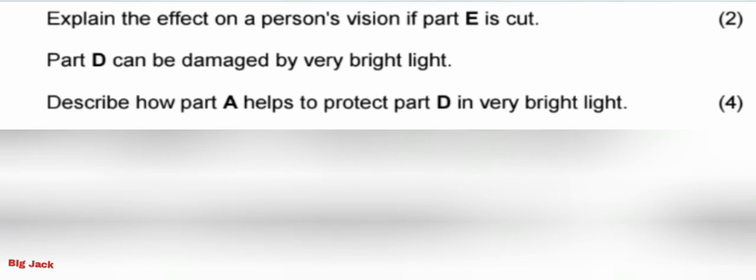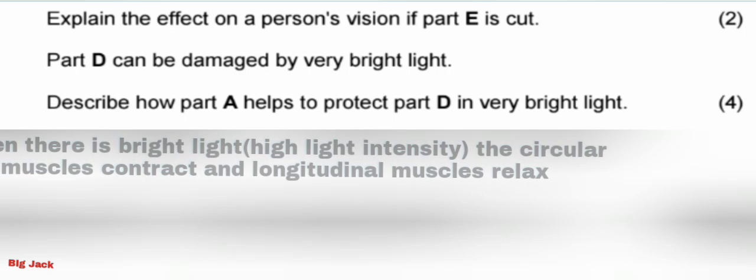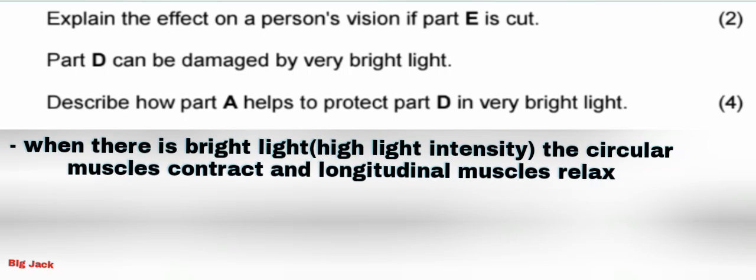So to prevent part D from being damaged when there is very bright light, the circular muscles are going to contract, and the radial muscles or longitudinal muscles are going to relax. Once the circular muscles contract and the longitudinal muscles relax, the pupil is going to be reduced in size.